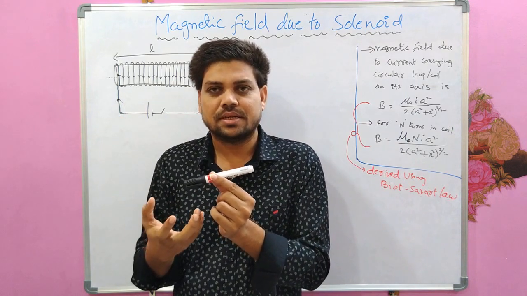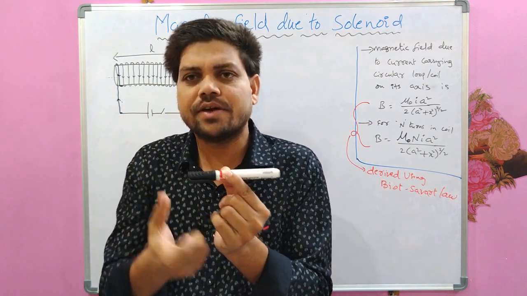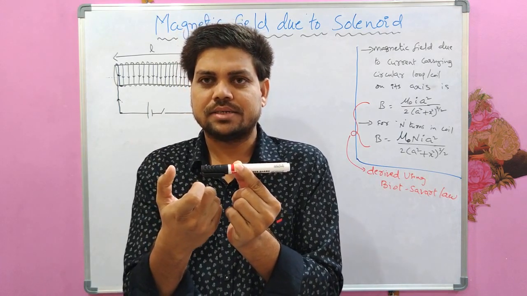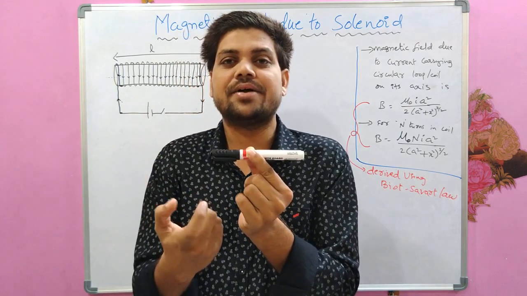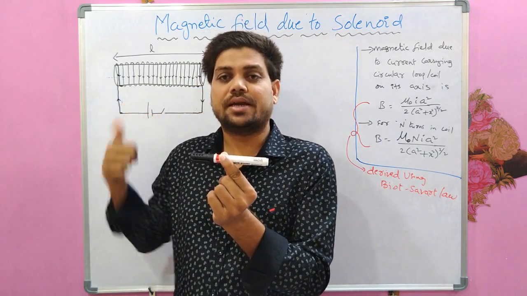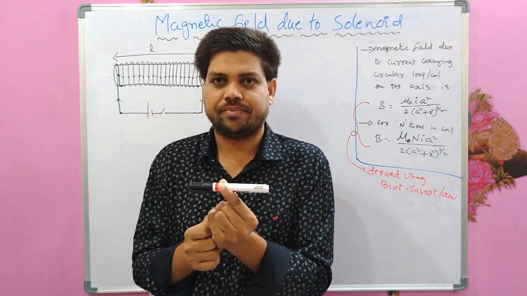Which means the direction of current is very important here. The direction of current is deciding the pole of this solenoid, which is acting as a magnet.